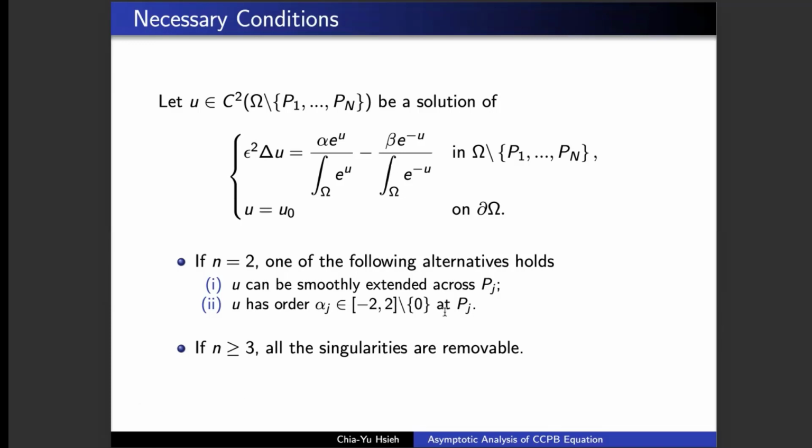So the next question is, this is a necessary condition. So if we have some prescribed singularity alpha_j between -2 and +2, can the 2D Poisson-Boltzmann equation have a unique solution such that U has a singularity of the prescribed order?